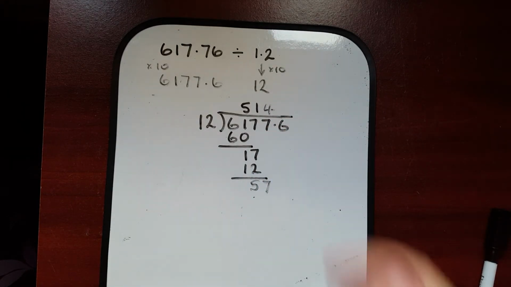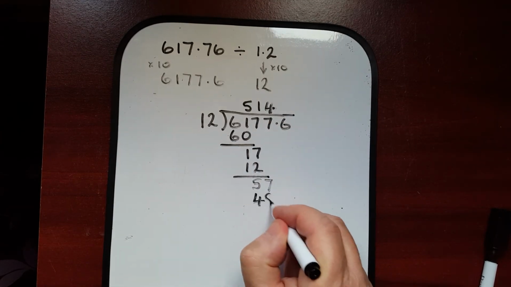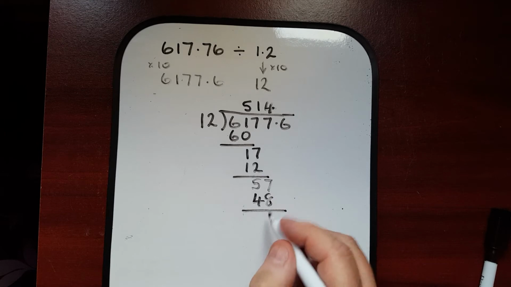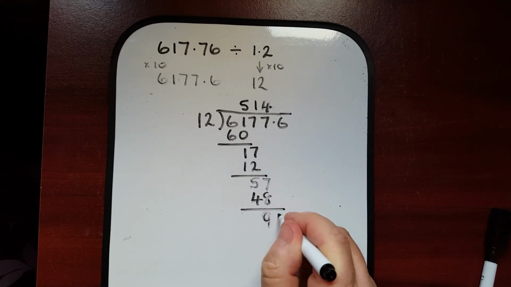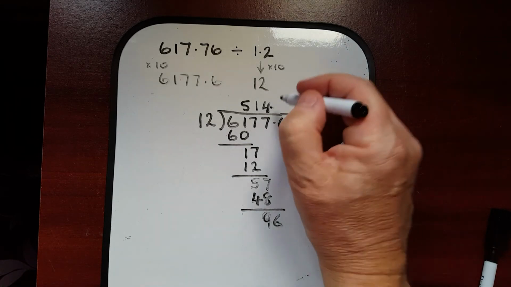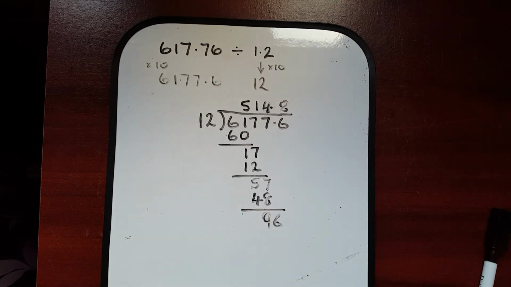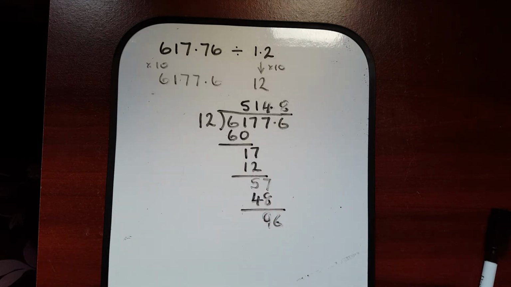Let's go over that in slightly better pen there. 4 twelves are 48. Put the 48 down here. 57 take away 48 is 9. Bring down the 6. And how many 12s in 96? There are 8 of them. Now, let's just take a look at what we did there, because the answer is not going to be 5,148.